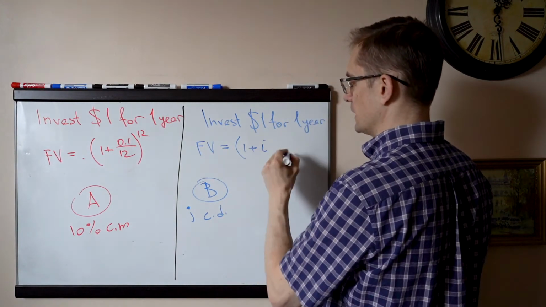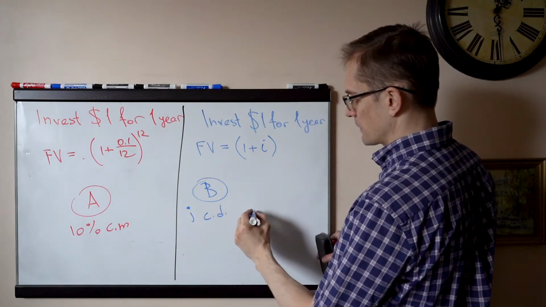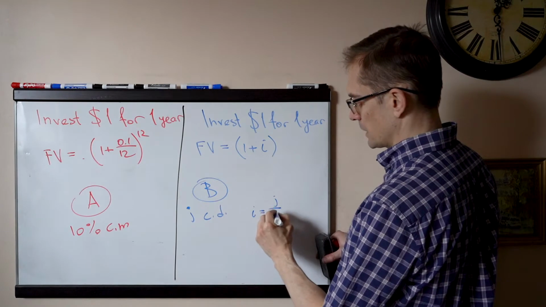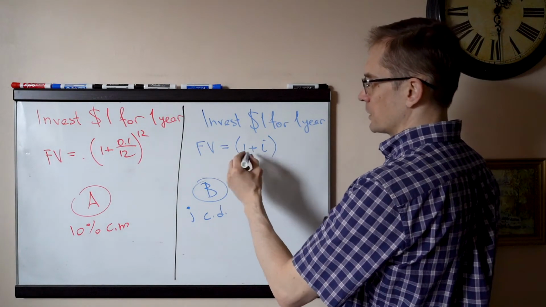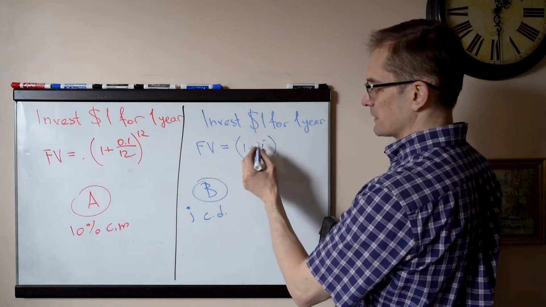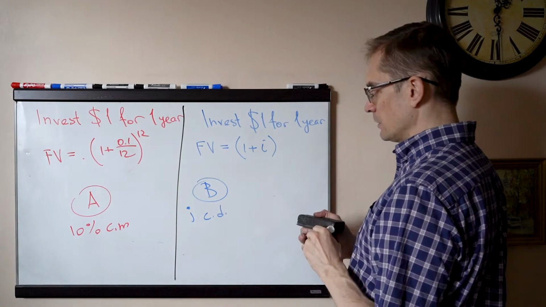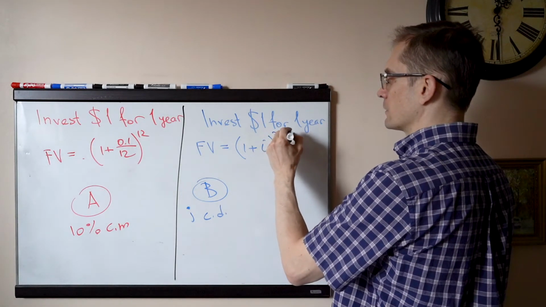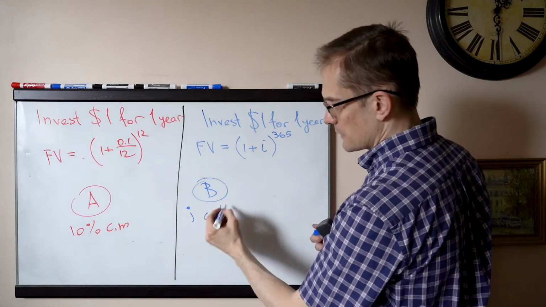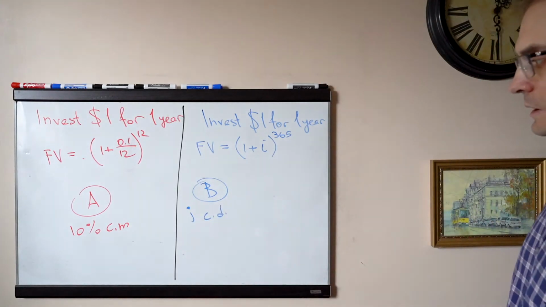So 1 plus I, because I will correspond to this j. Remember that I is j over m, right? But it will be future value 1 plus I, whatever that I is, for the same year, which in this case is going to be 365, because this rate is supposed to be compounded daily.